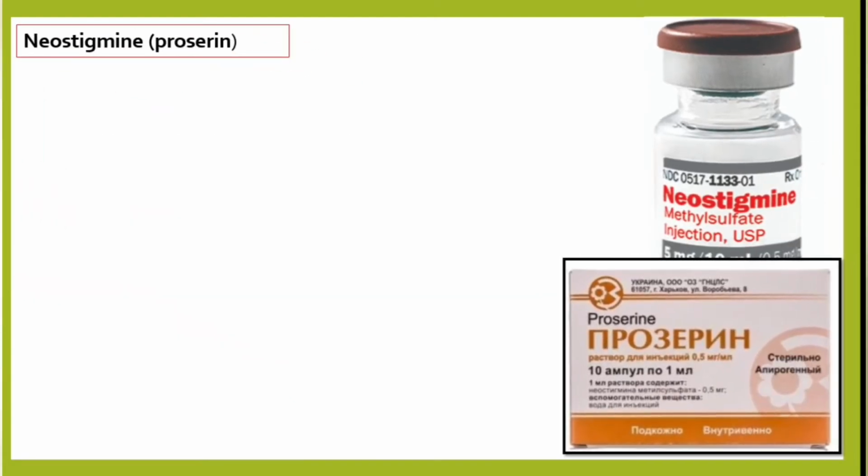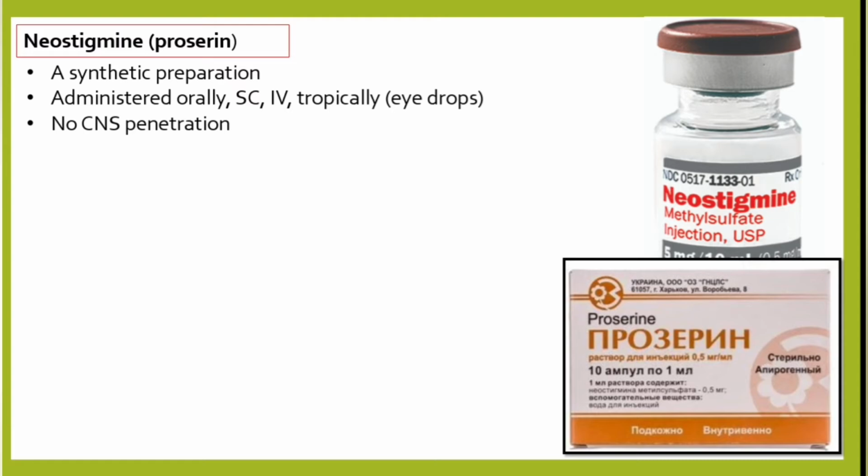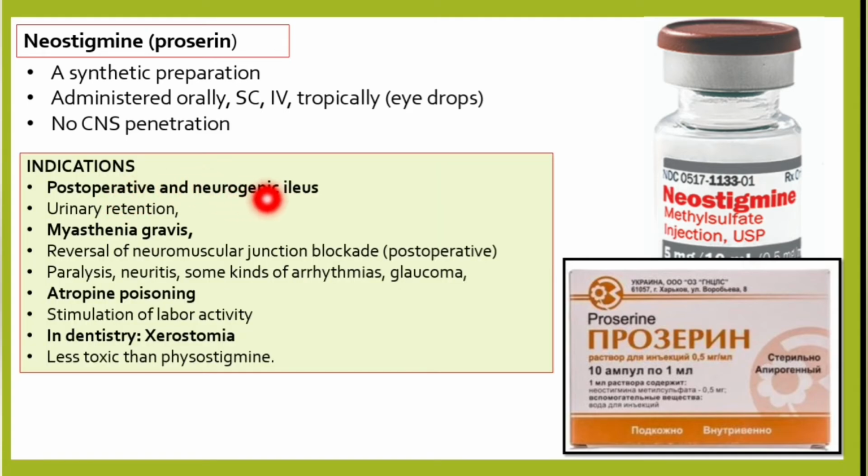Next is neostigmine or proserine, right? This is a synthetic form, right? It's a synthetic preparation which is administered orally, subcutaneously, via IV, or even topically, as in eye drops. This drug does not penetrate the central nervous system, and the main indications include post-operative and neurogenic ileus, urinary retention, myasthenia gravis, reversal of neuromuscular junction blockade, like post-operative.